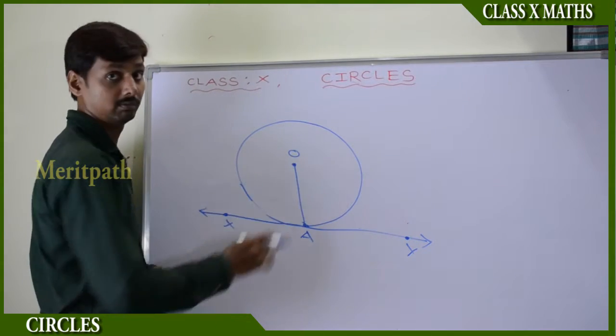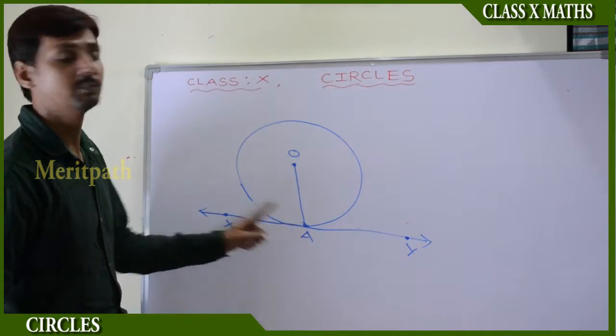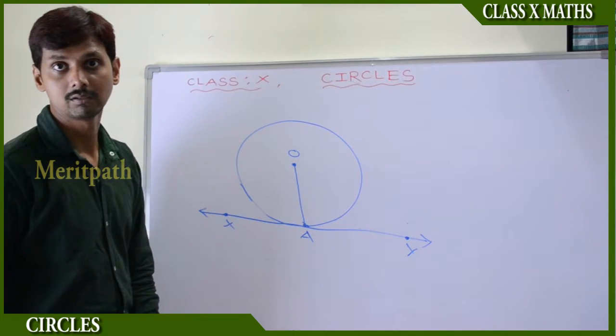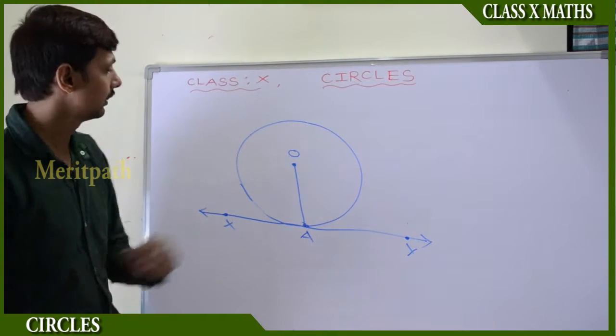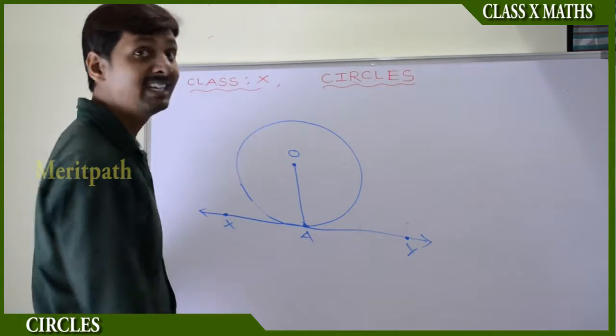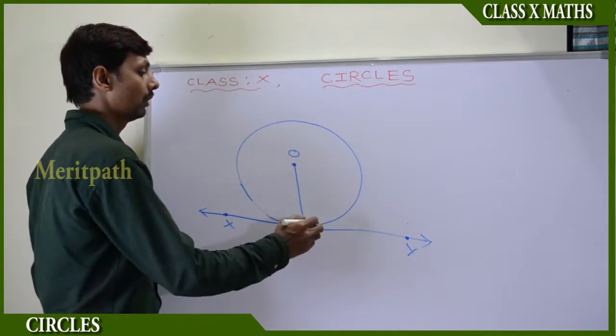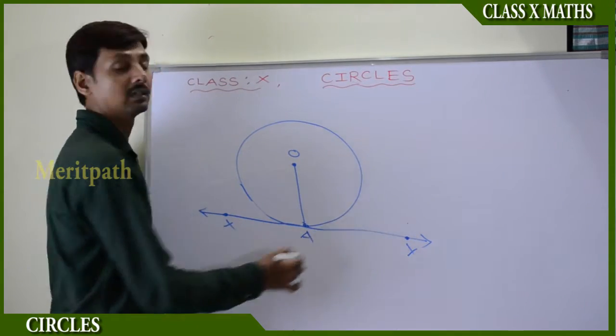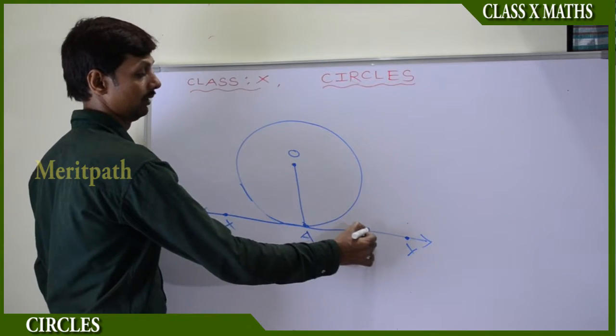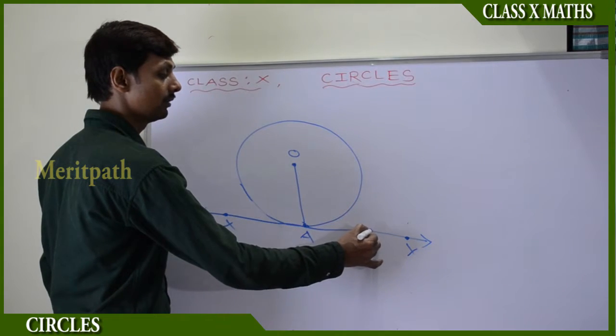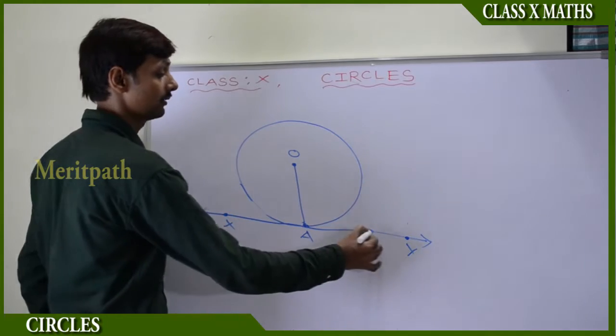We need to prove that OA is perpendicular to XY. So to prove this, let us take any point outside of the circle, which lies on the tangent XY. Let us take this point as Q.